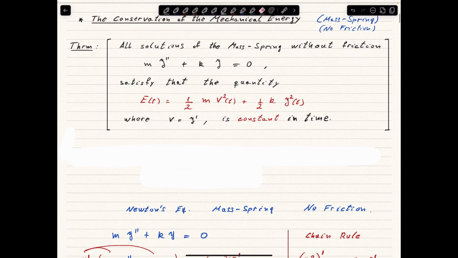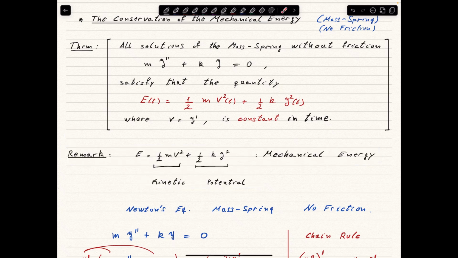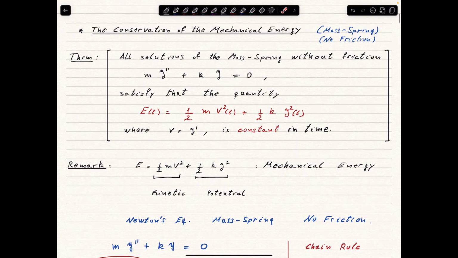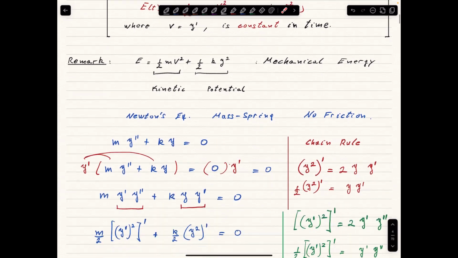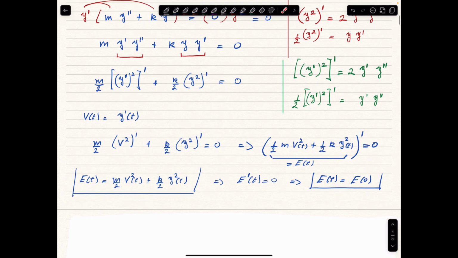More names. The first term, the term that is proportional to the velocity, is called kinetic energy. The term that is proportional to the displacement is called potential energy, and the addition of the two is called the mechanical energy. And this is the conservation of the mechanical energy. Why is this interesting?